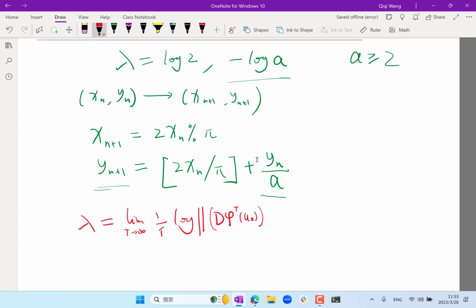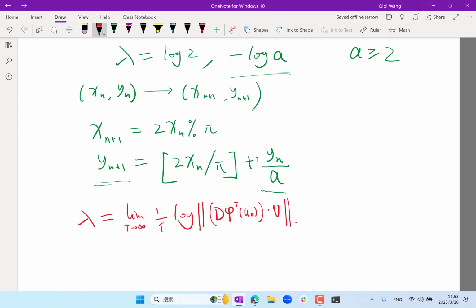This Jacobian matrix maps a small perturbation from time 0 to a small perturbation at time t, times v, right? So this is the exponent, and just like eigenvalues, there is a map.